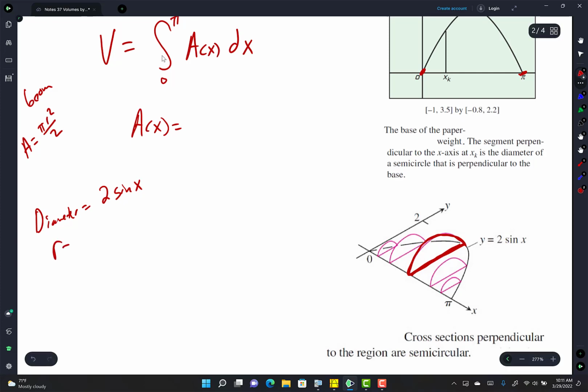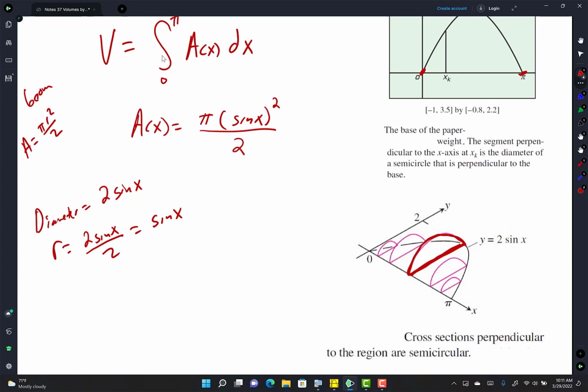I have to take that 2 sine x and divide it by 2. So my radius is sine x. Are we still okay? All right, so here we go. My area of that semicircle, I'm going to write as pi times (sine x) squared divided by 2. Have I lost anyone?